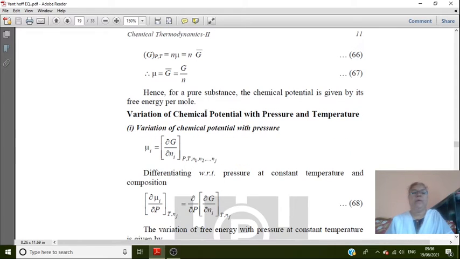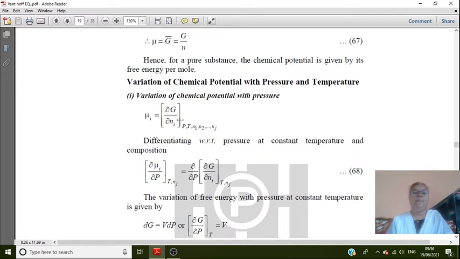Then the variation of chemical potential with pressure and temperature. At first we see the variation of chemical potential with pressure. Here mu_i, that is the chemical potential of the ith constituent, is equal to ∂G/∂N_i at constant pressure and temperature.